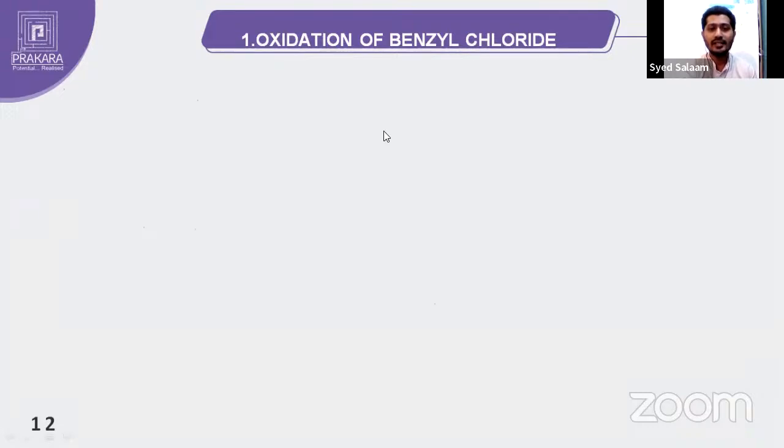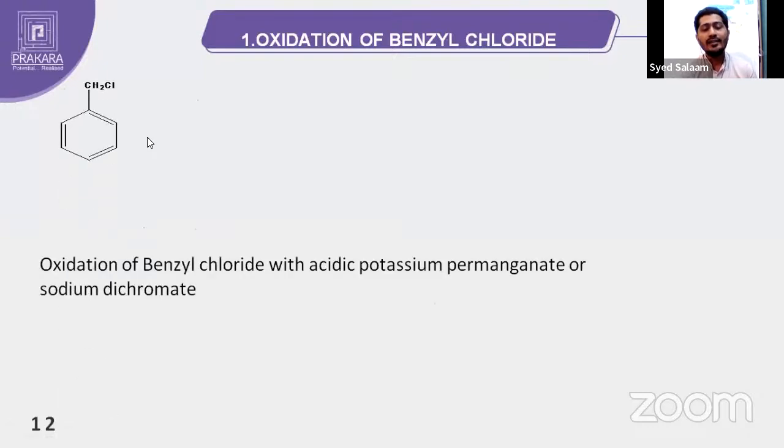So now let us first see oxidation of benzyl chloride. Benzyl chloride is nothing but a benzyl group with chlorine on it. What is a benzyl group? Benzene with a CH2 is a benzyl group. So when a benzyl group has a chlorine on it, we call it benzyl chloride.